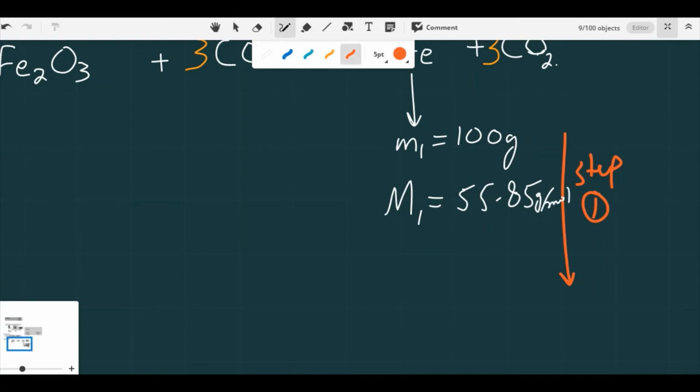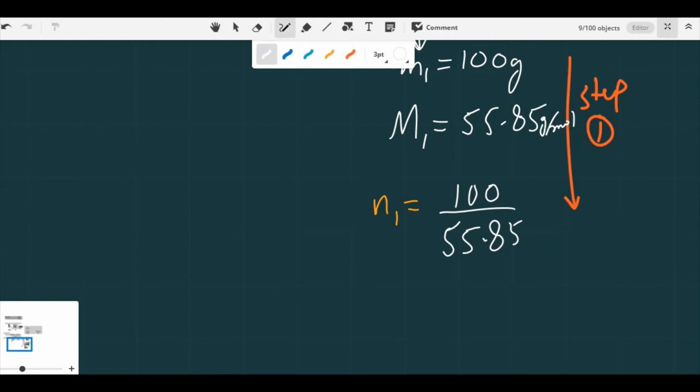Now what will be N1? As we know, moles equal mass divided by molar mass.